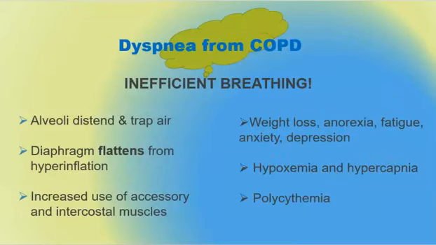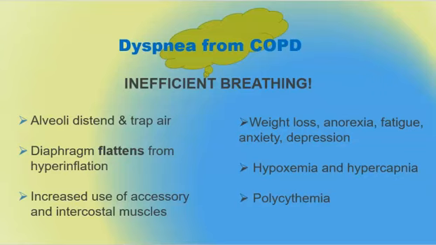Okay, so COPD causes dyspnea, right? Inefficient breathing. The alveoli distend and trap air. The diaphragm flattens from hyperinflation. You have an increased use of accessory and intercostal muscles. Weight loss, anorexia, fatigue, anxiety, and depression. Obviously, it's quite an isolating disease process, just because most of them require oxygen 24/7, and it really limits how much they want to be out and about, right?